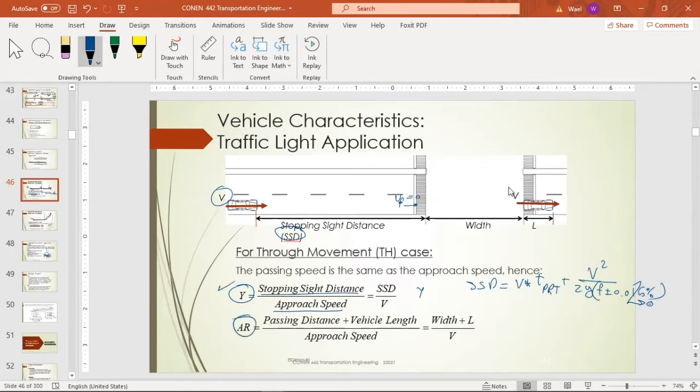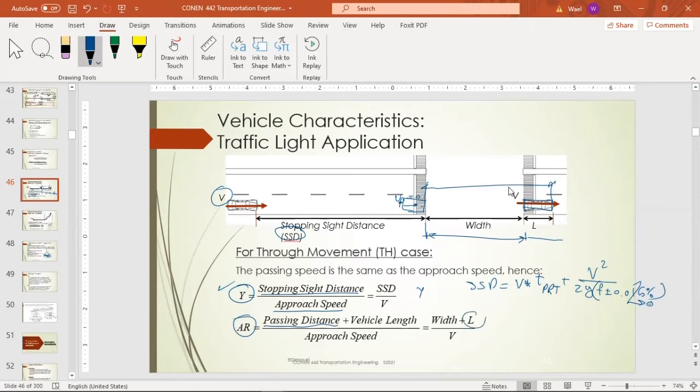For the all red time, we are going to calculate the passing distance plus the length of a vehicle. So basically, the all red starts once the vehicle comes here, and once the vehicle crosses to this point, from the front end to the front end, that's the passing distance, or the width, plus one vehicle length.